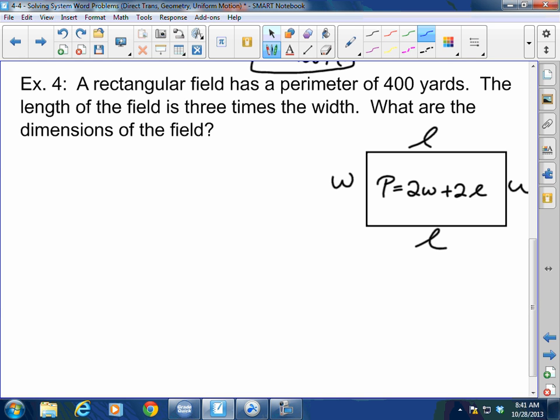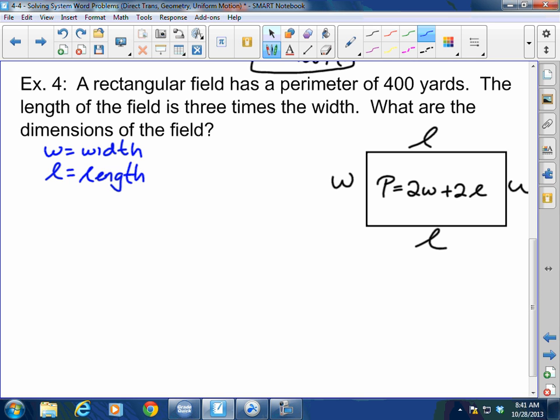So let's go back to our word problem real quick. The rectangular field has a perimeter of 400 yards. Well, if you know your perimeter formula, you already have your first equation. You can say W is width and L is length.